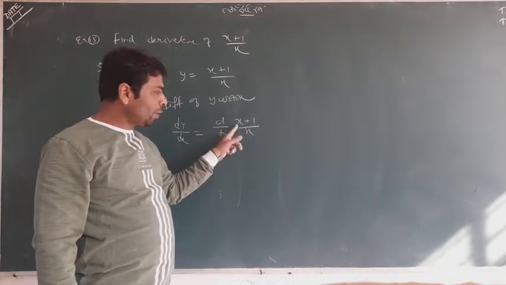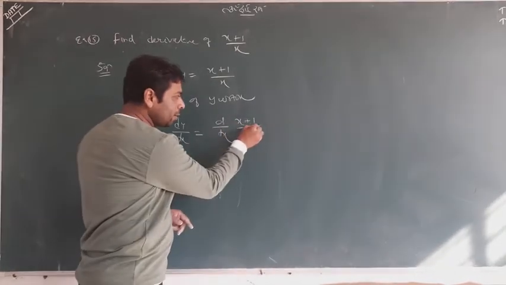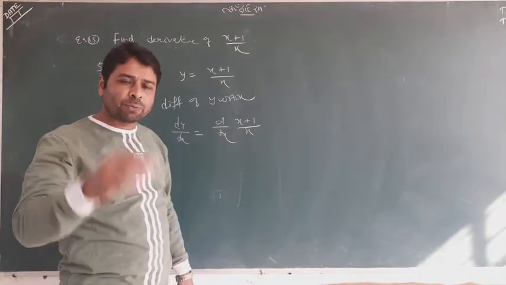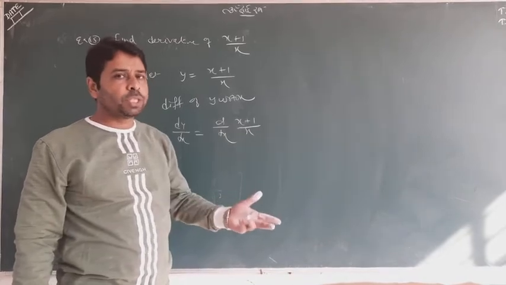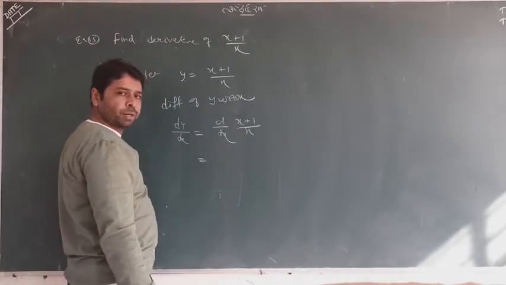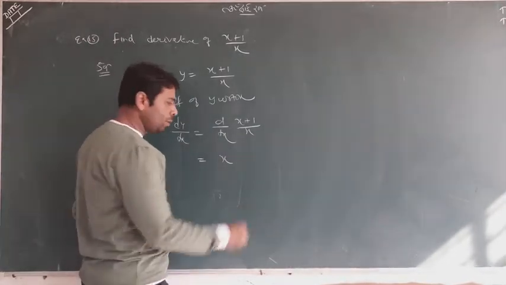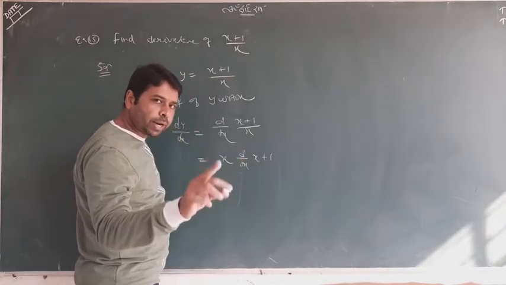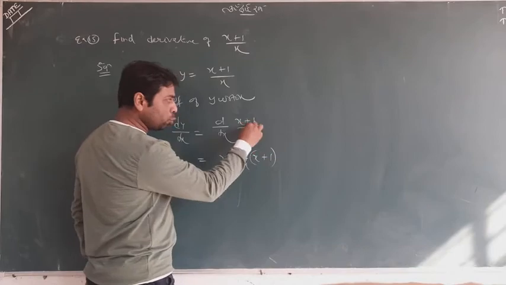Now, can you see the function? This is a divide. Recently I taught you one question as well as the formula of divide. So use the division law. What is the division law? Denominator as it is, differentiation of numerator. When you write the numerator, make a bracket because there were two terms.